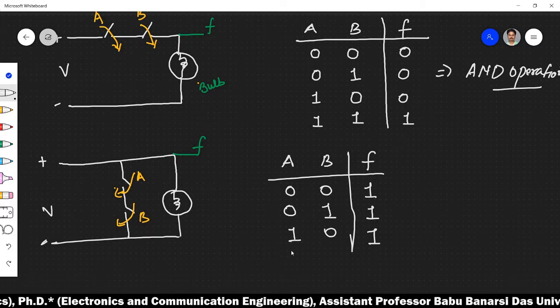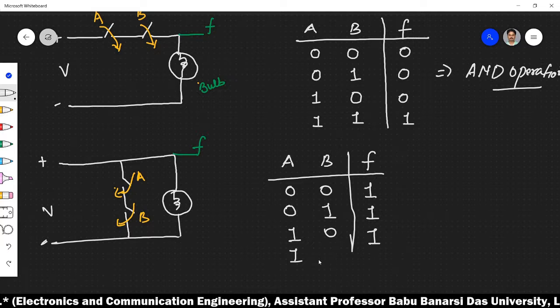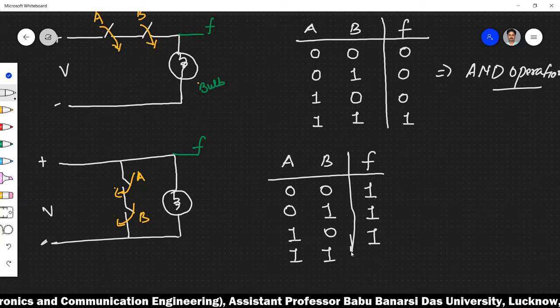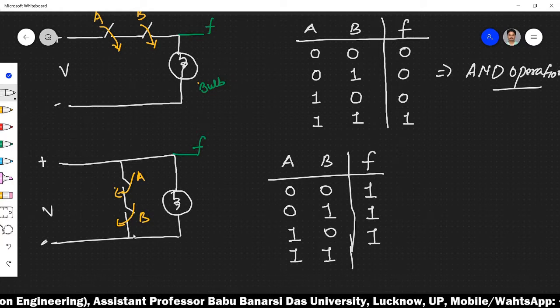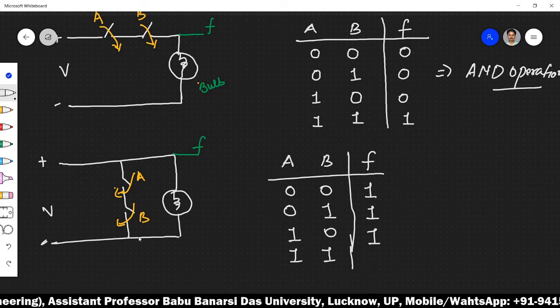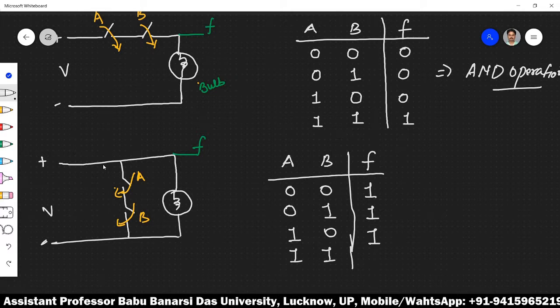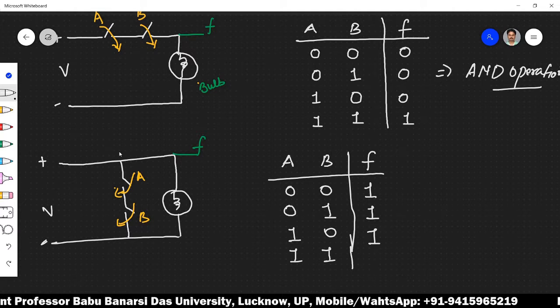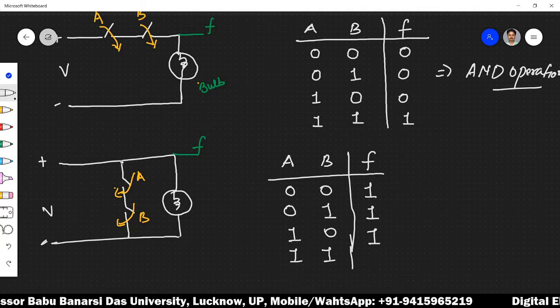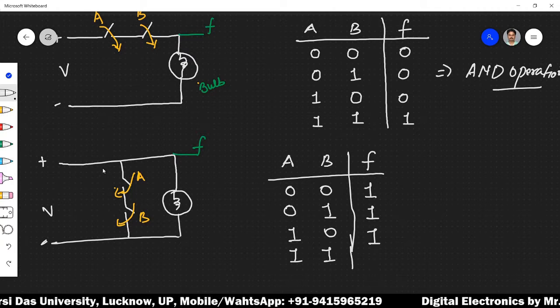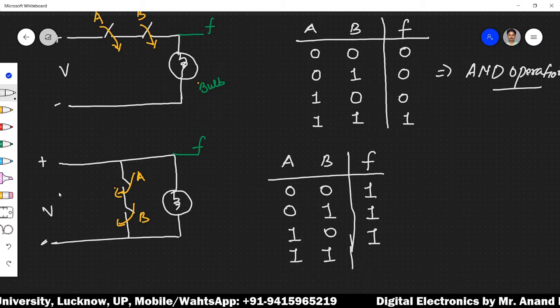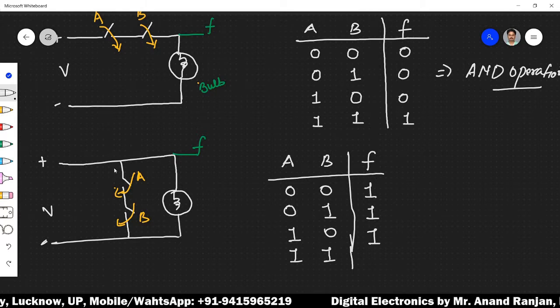But what happened when both switches A and B get closed? Interestingly, when both the switches are closed, the voltage appears across this branch, which is connected in parallel to this bulb. The branch in which A and B are connected in series will exhibit the low resistance path, so the entire current will follow this path.